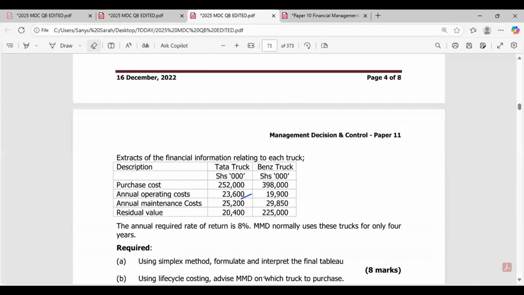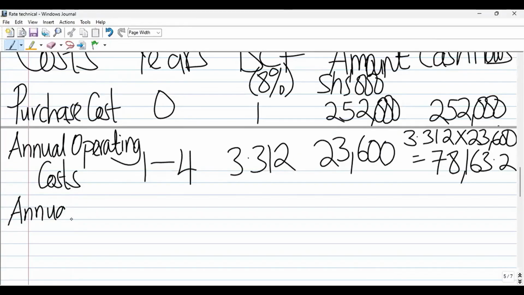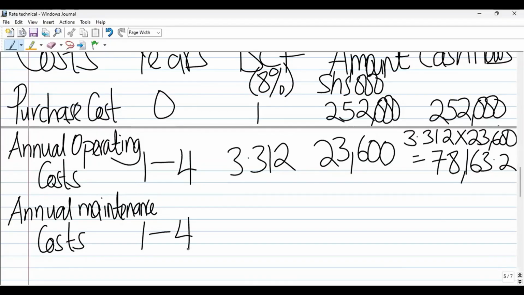So annual maintenance costs. So which years are we taking for annual maintenance costs? 1 to 4 years. The first to the fourth year. The discounting factor is the same.